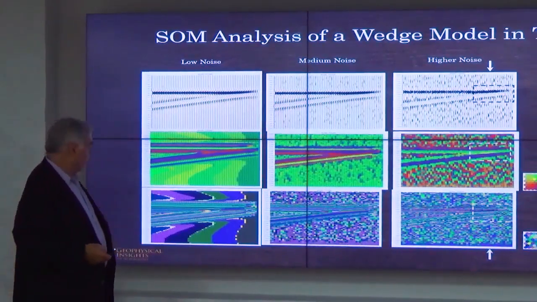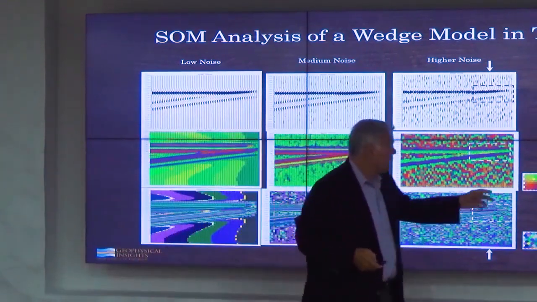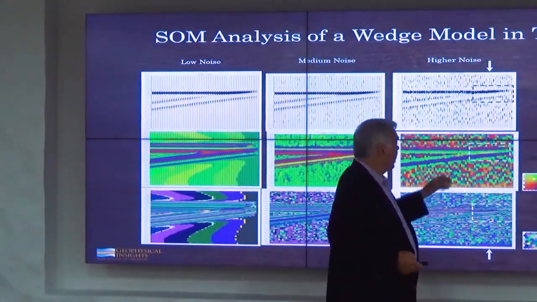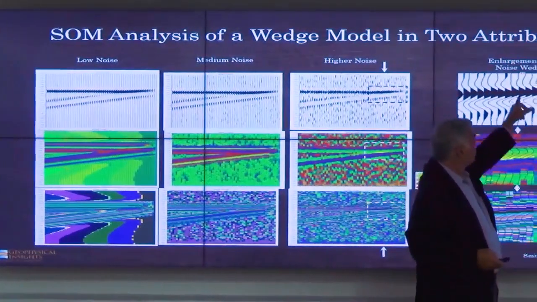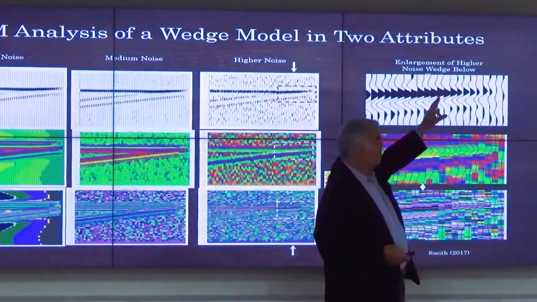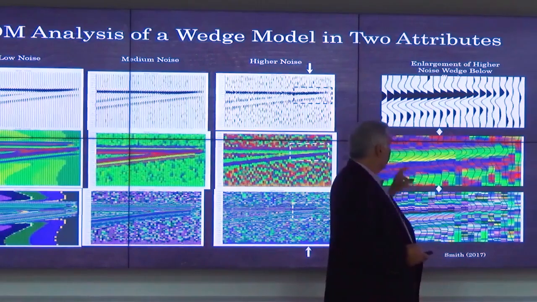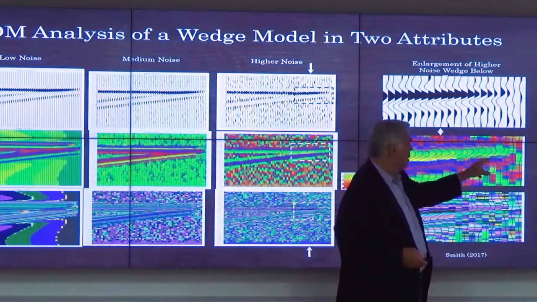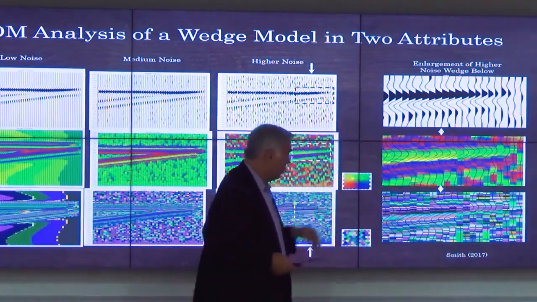And we're doing our classification, and in this case, using this color map right here, we've got 64 neurons, and here's the blow-up. Although without a bunch of attributes, what you have here is the buildup of amplitude and fall off. Here, we're starting to resolve and being able to track things far below tuning.